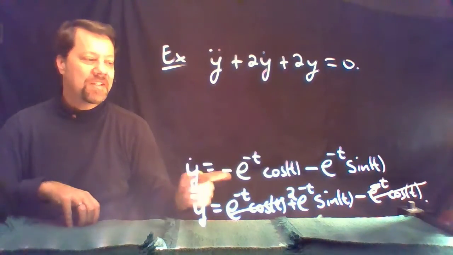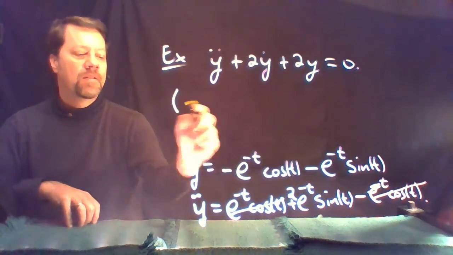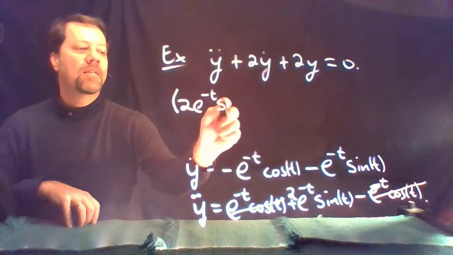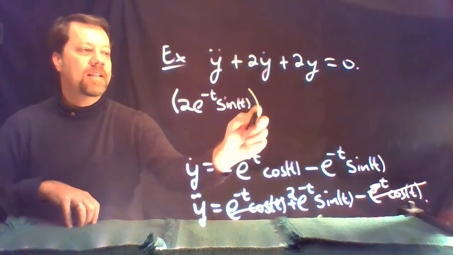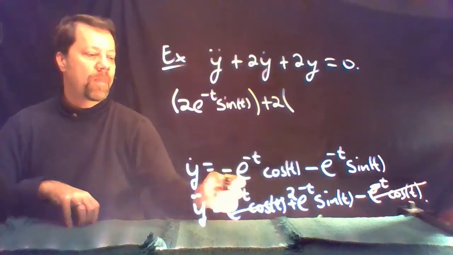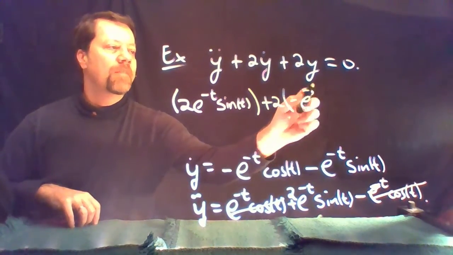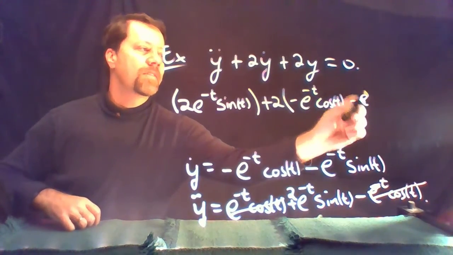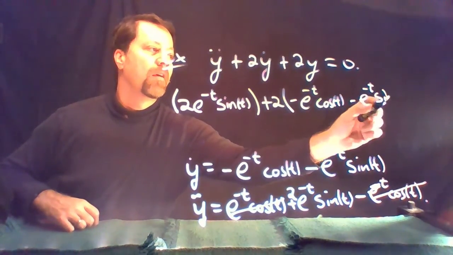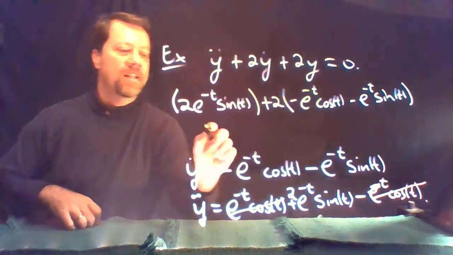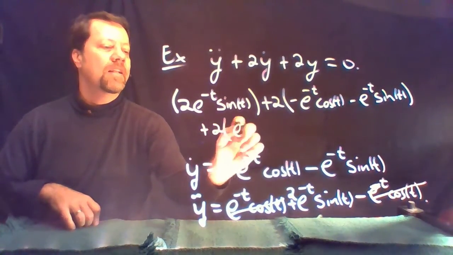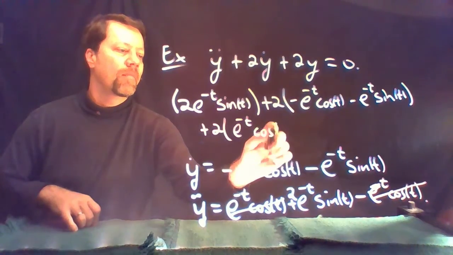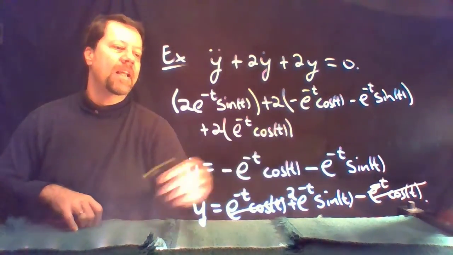Plugging all of this into the differential equation, we have 2 e to the minus t sine t plus twice negative e to the minus t cosine t minus e to the negative t sine t plus twice e to the negative t cosine t.